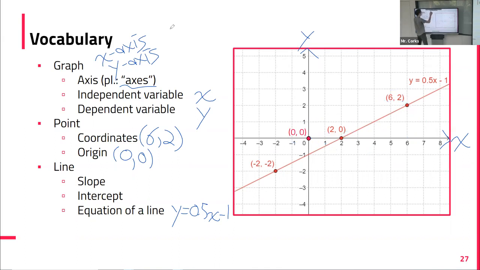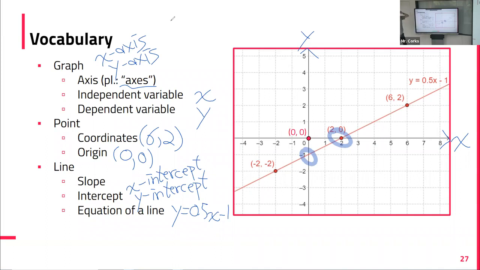Can you tell me the values for the intercepts? 2 and -1. 2 and -1, good. So here and here. So we have an X intercept and a Y intercept.